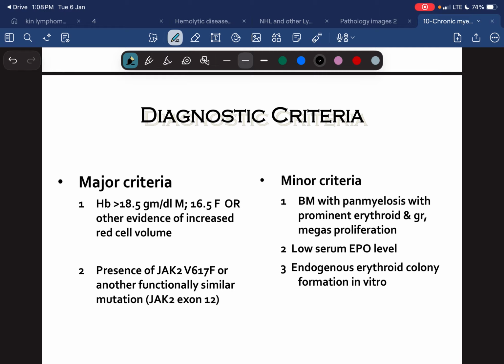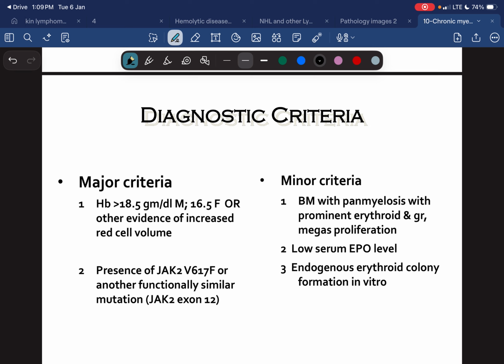So you need both major criteria plus one minor criterion, or one major and two minor features to diagnose polycythemia vera. The bone marrow will be hypercellular, of course, due to hyperplasia in the precursors.